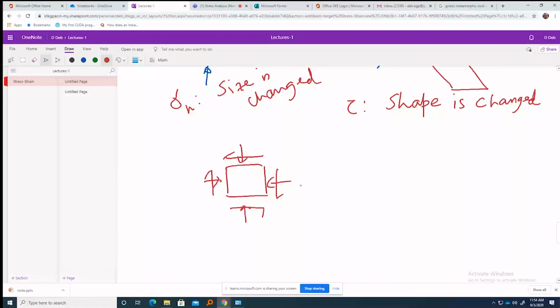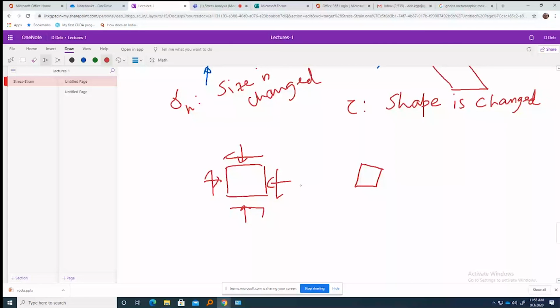Yes, sir. Okay, so if I now apply both together, this is what actually happens in the field in a 2D format, but it's actually 3D. So if I apply this, it is changing the shape as well as it may be shearing it also.